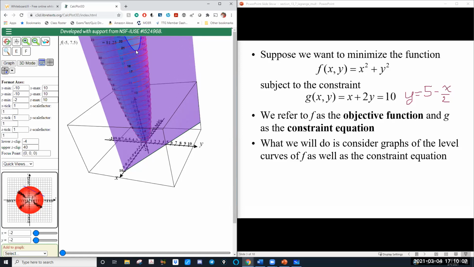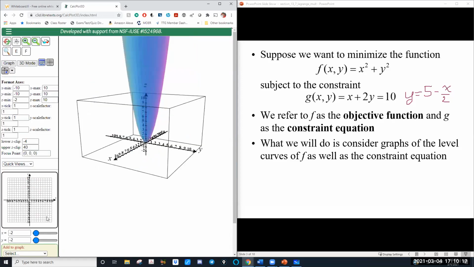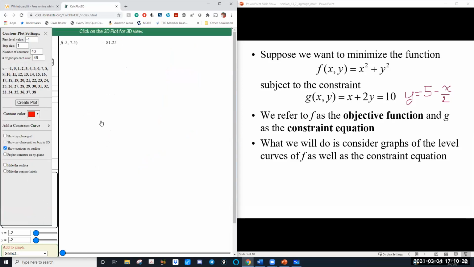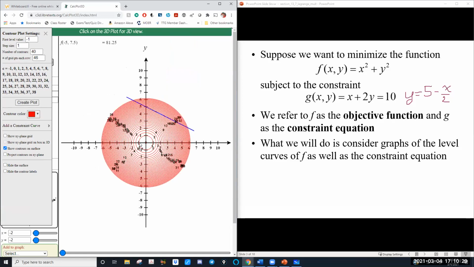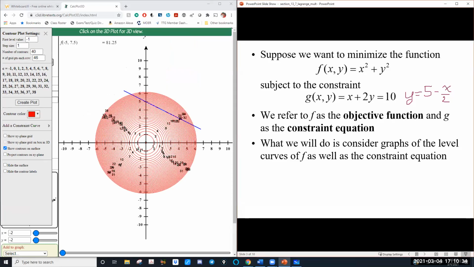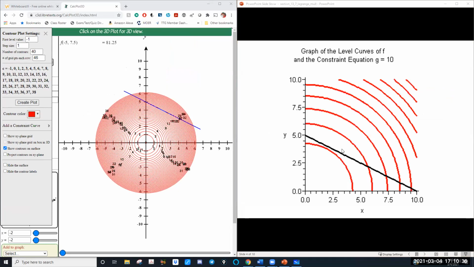And what the Lagrange multiplier method allows us to do is find it algebraically. So I want to reset the contour plot because I want you to see now from the contours, because this is what creates the Lagrange multiplier method. I'm going to zoom in a little bit here, and I've got it on this slide and it might be a little easier to see. This black line is our constraint and we've got our contour plot.